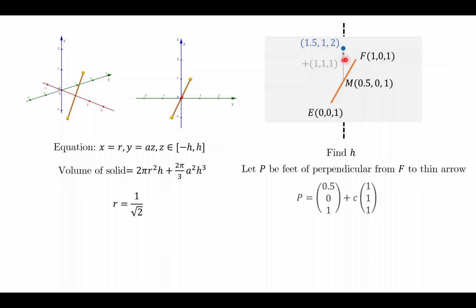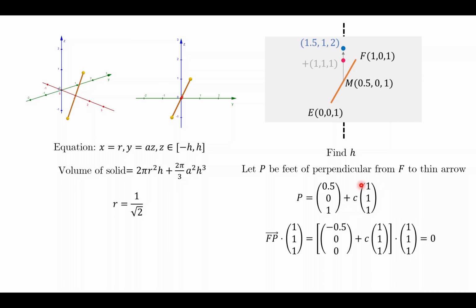Now this is pretty standard vector stuff. I need to find the coordinates of this foot. Notice that because P lies on this line, the thin arrow, it has general coordinates M plus C times (1, 1, 1) for a specific C. Correct? All the points on this line are M plus some scalar multiple of (1, 1, 1).